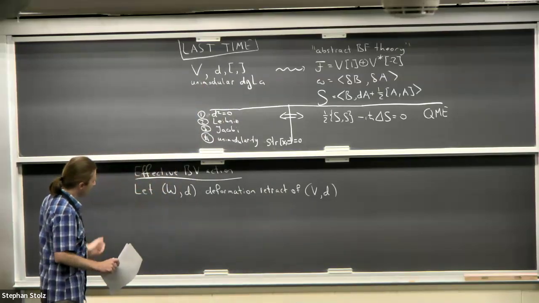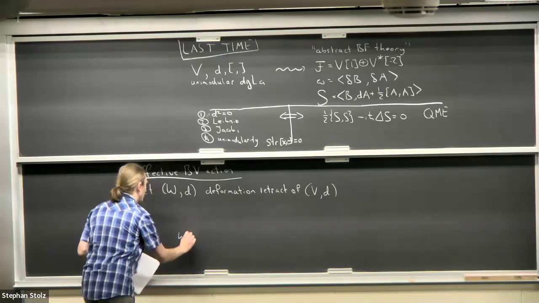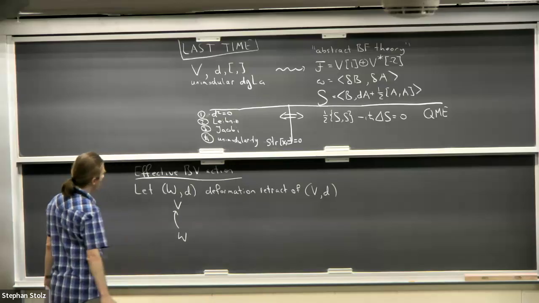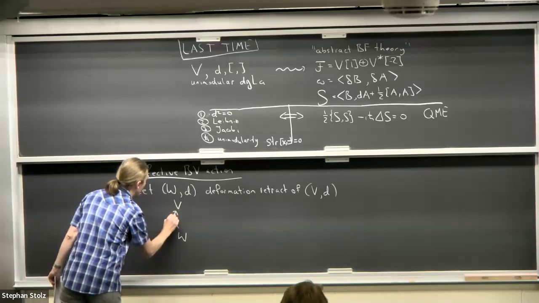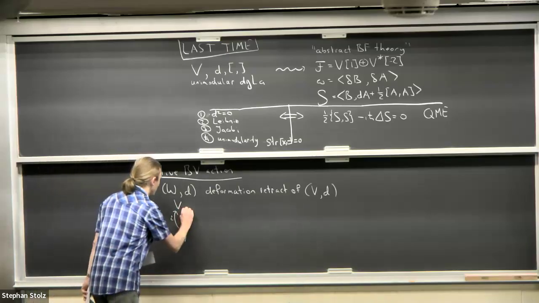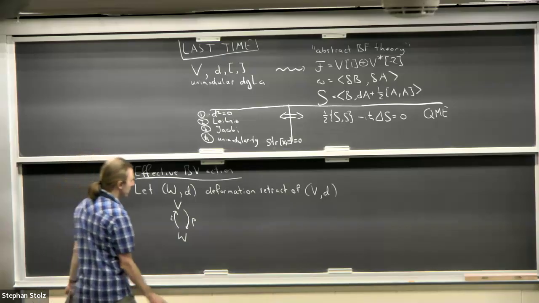So then I want a subcomplex, a smaller complex W with an inclusion I of the small complex into the large complex. I want a projection P, and they should both be chain maps.